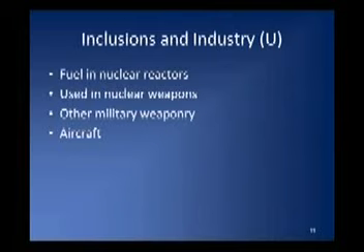It's used in other military weaponry, outside nuclear bombs and whatnot. It's used in missiles. It's used in special military ammunition. It's also used as shielding for tanks because it's a very, very dense material. It's a dense metal, and so you can use it for shielding against ammunition that would be coming your way.